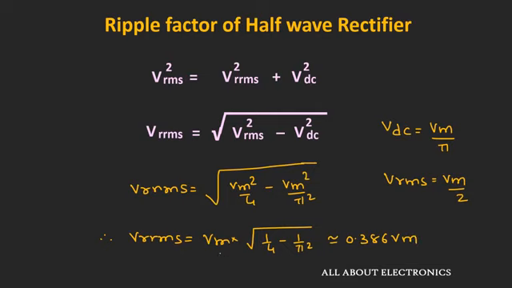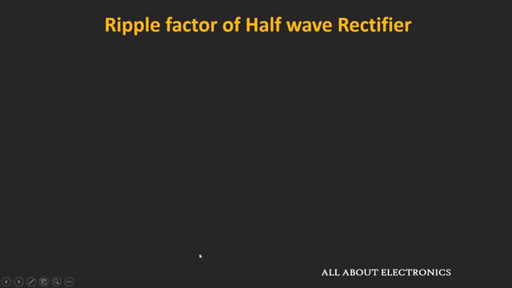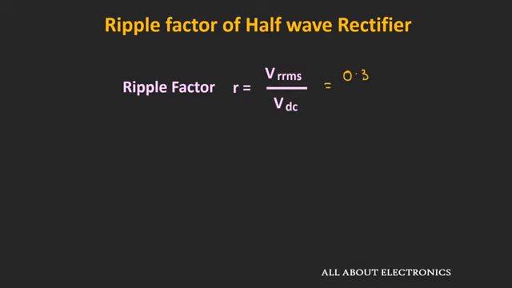So now let us use this value of RMS ripple and find out the ripple factor. The ripple factor is equal to 0.386 Vm divided by Vm by pi. And if we calculate it, the ripple factor for the half wave rectifier will come as 1.21. So in this way, we can find the ripple factor for this half wave rectifier.